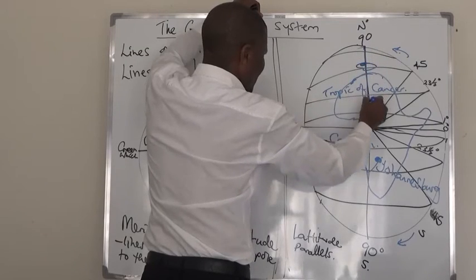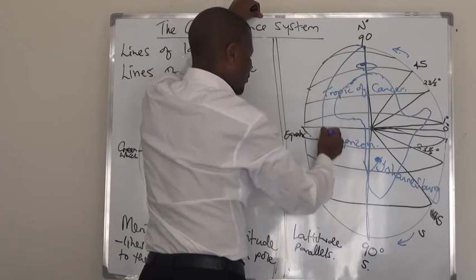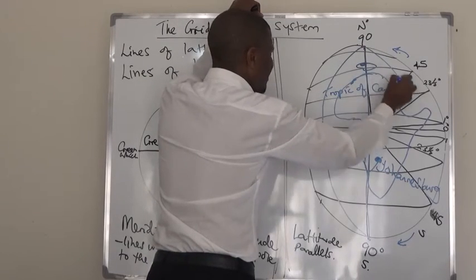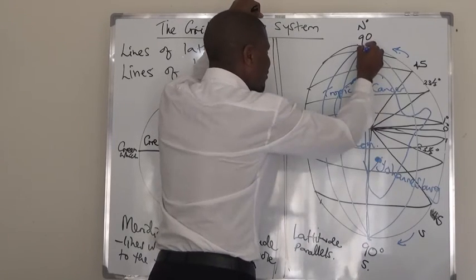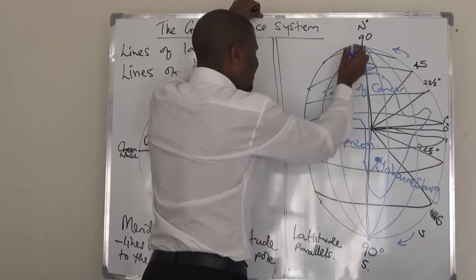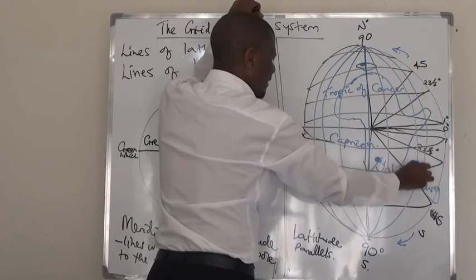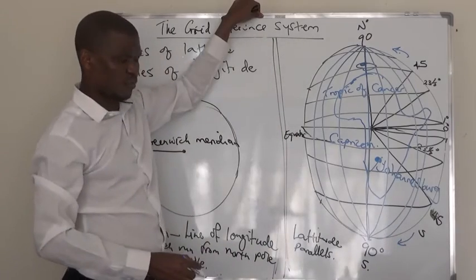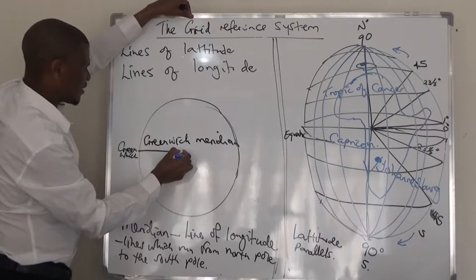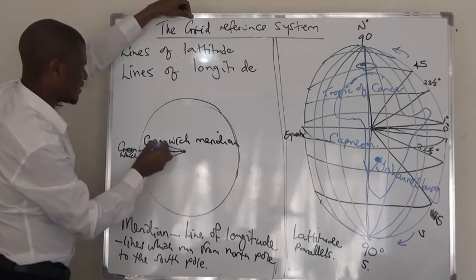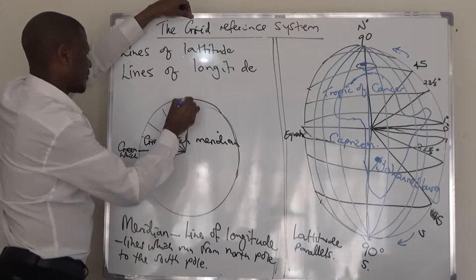Then it runs right across from the north to the south. And then there would be other ones which would run to the east and to the west. All meridian lines join at the North Pole and they join at the South Pole. So we have those that run east and west, and they keep like that.